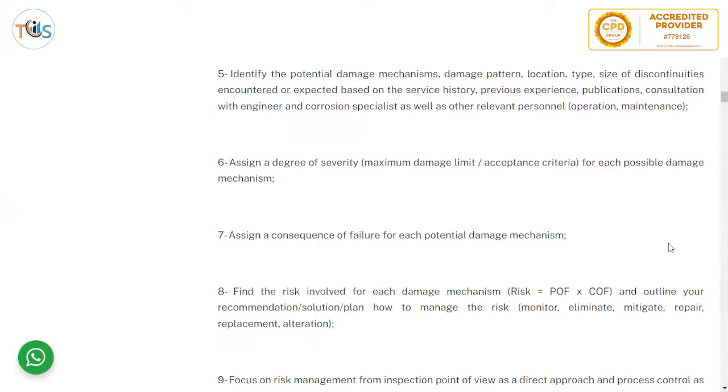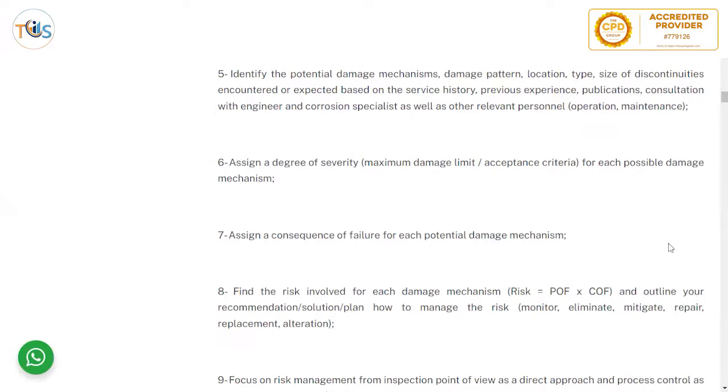Either monitor it until it reaches a critical stage where the risk is too high to ignore, or live with it. Another way is to try to eliminate that damage mechanism, or if you cannot eliminate the damage mechanism or the probability of failure, then you try to mitigate the consequence of it.